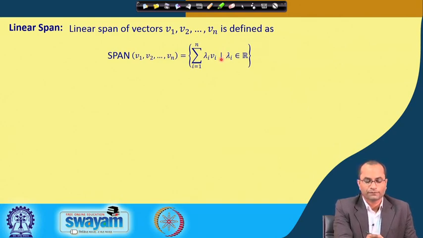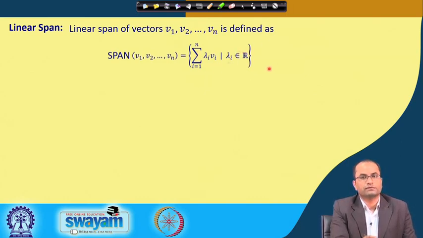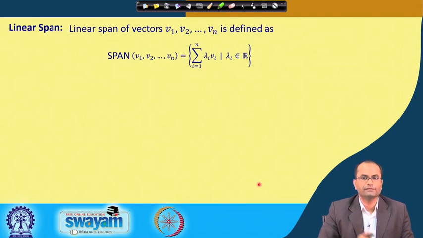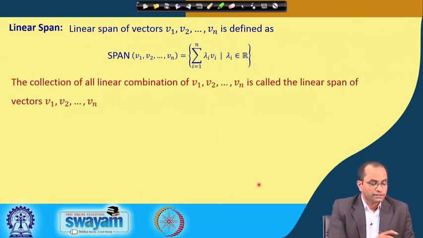Exactly, this is the linear combination: lambda 1 v1 plus lambda 2 v2 up to lambda n vn, where lambda belongs to the set of real numbers. So, the collection of all linear combinations is called the linear span of the vectors v1, v2, v3, ..., vn.